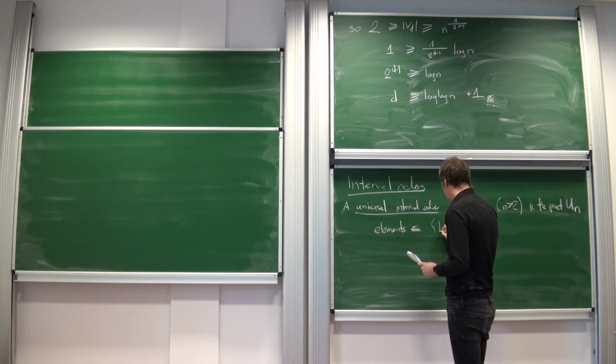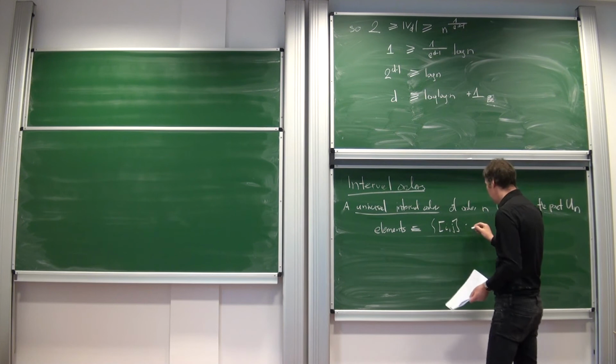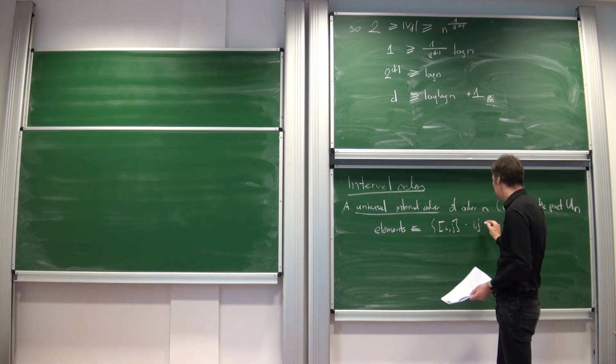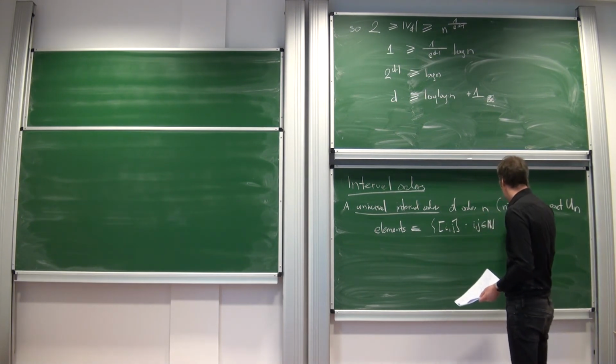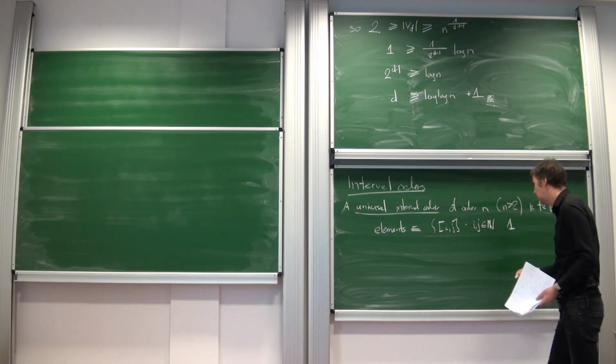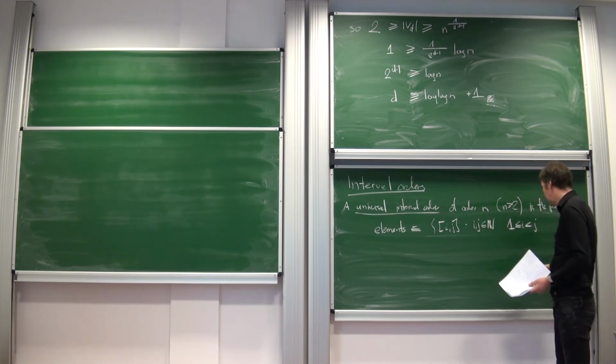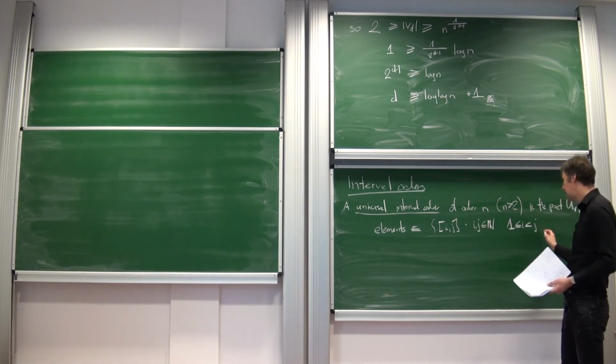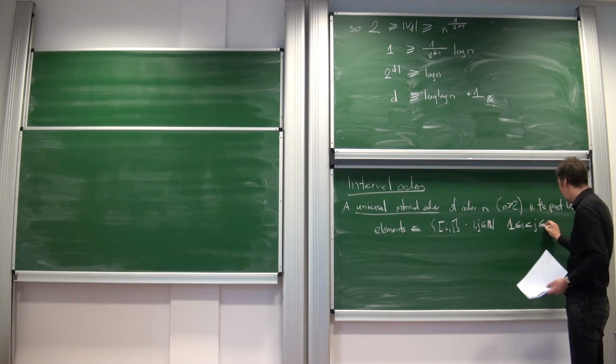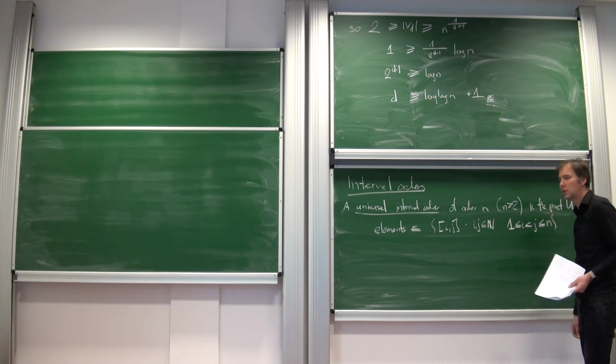So these are intervals [i,j], such that both endpoints are natural numbers between 1 and n, yeah? And we don't like degenerate ones, so we insist that i is strictly less than j, and that's our family of intervals we look at.